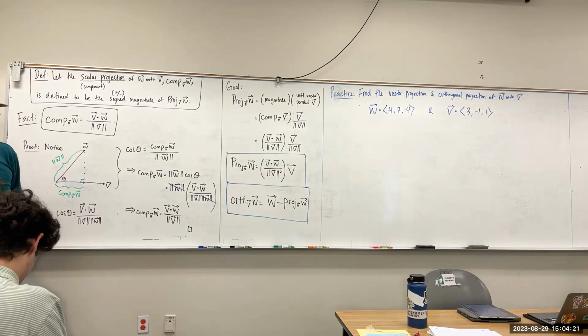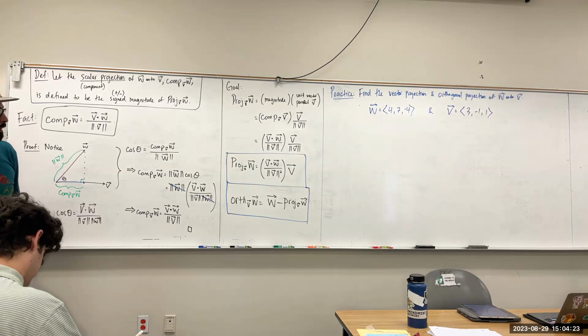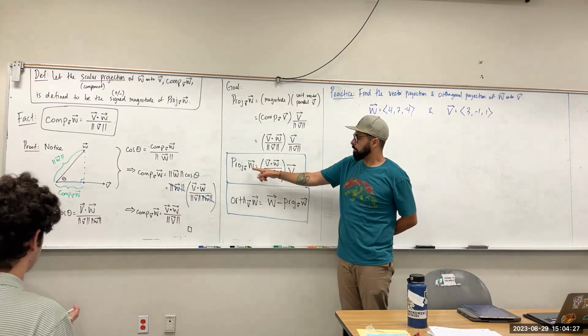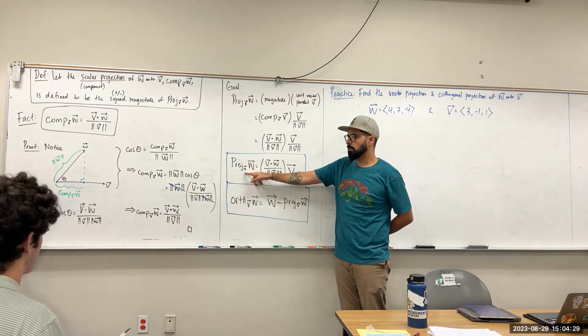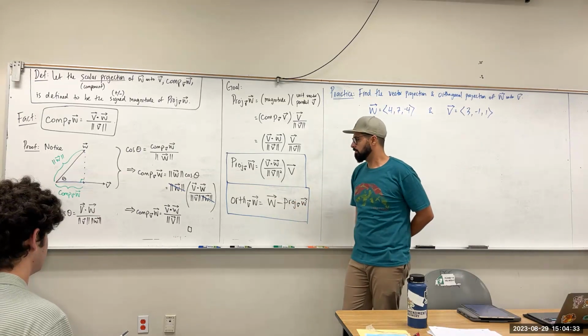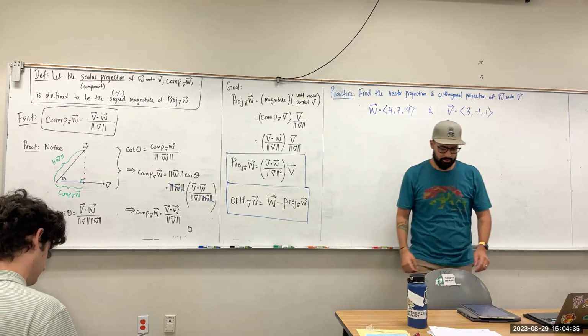W is the big one. See how W is being projected onto V? So V goes in the denominator.